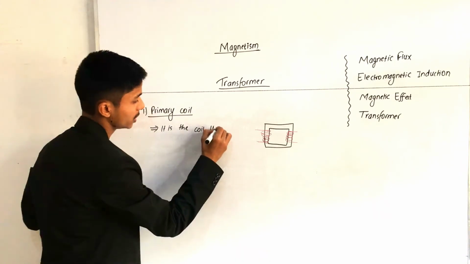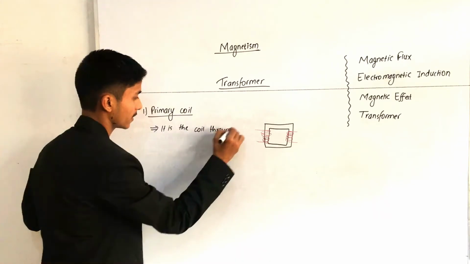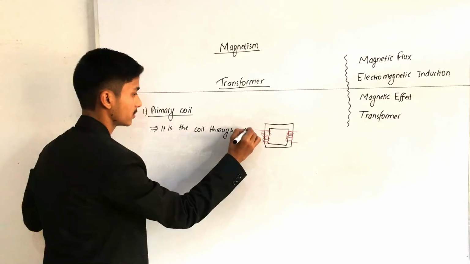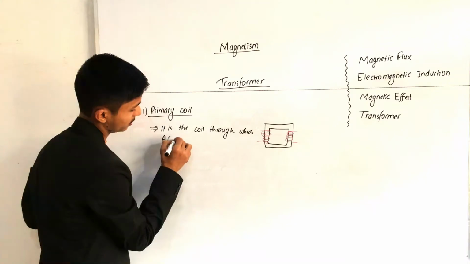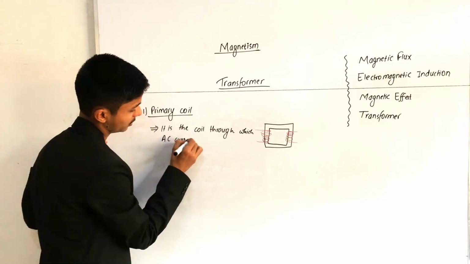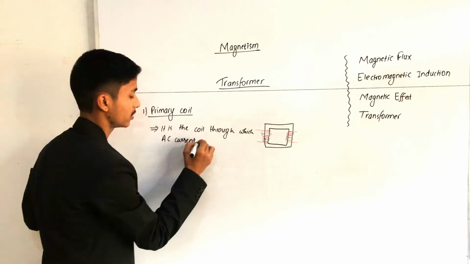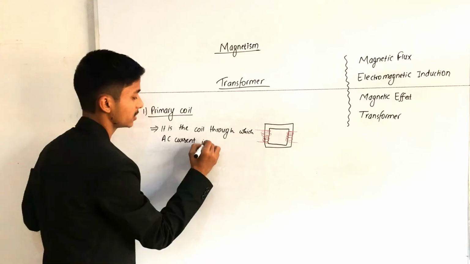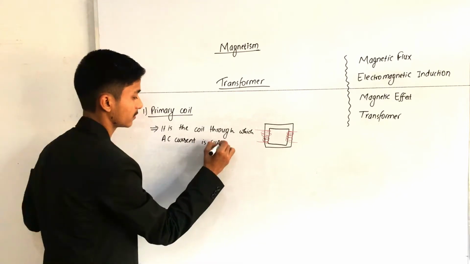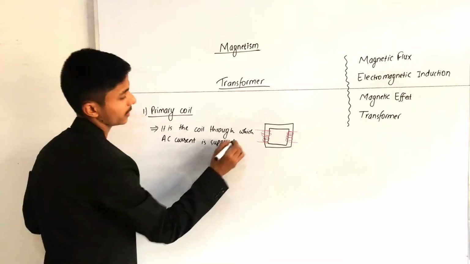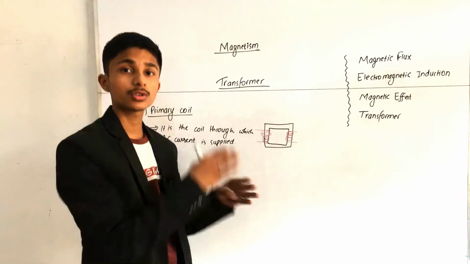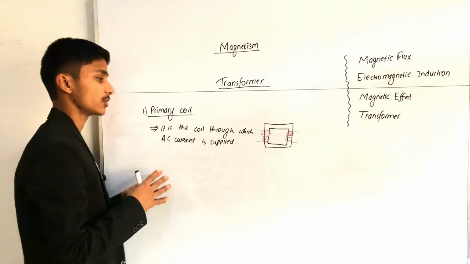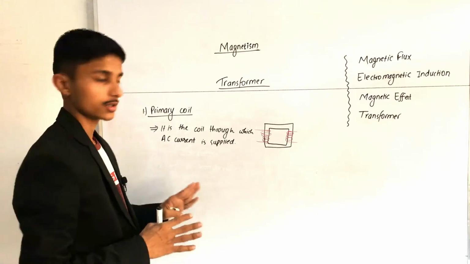The coil through which AC current or voltage, you can say, is supplied. It means it is connected with the source of electric current.